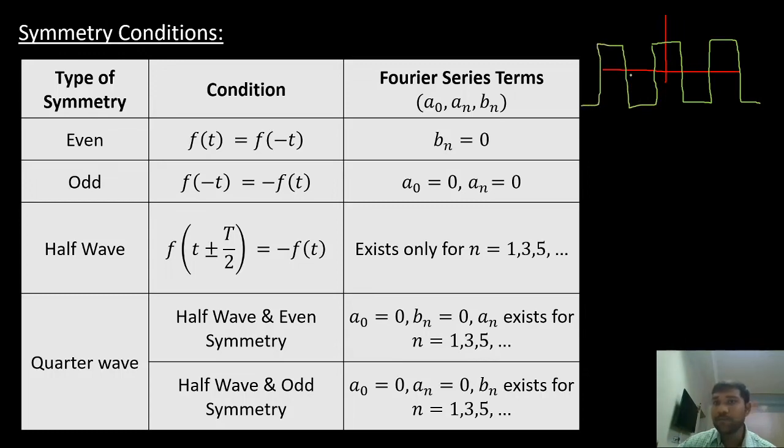This is 0. This is T, this is T by 2, and on the left side this is minus T by 2 and minus T.